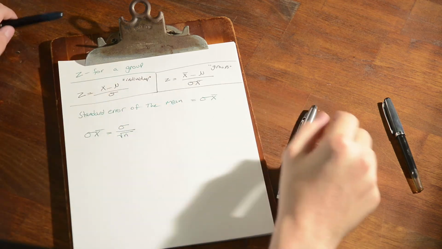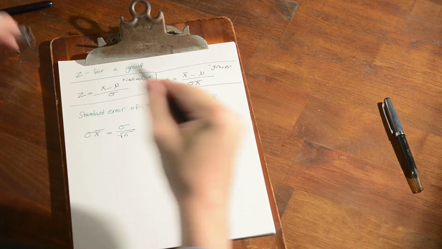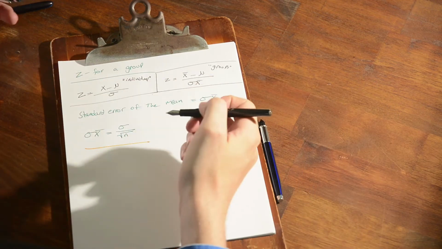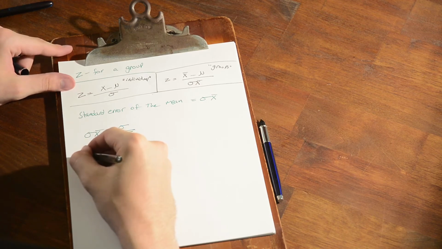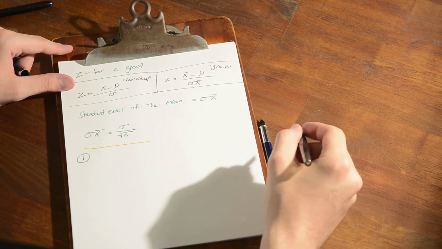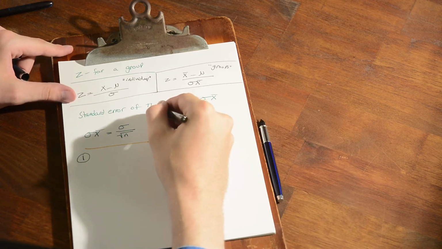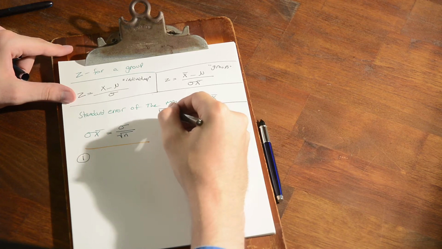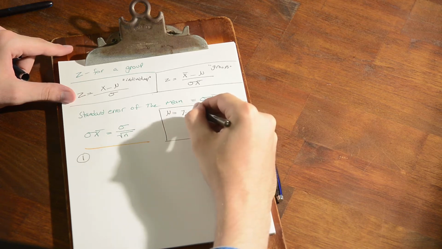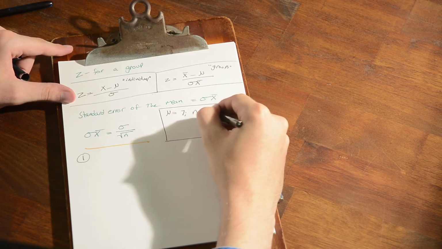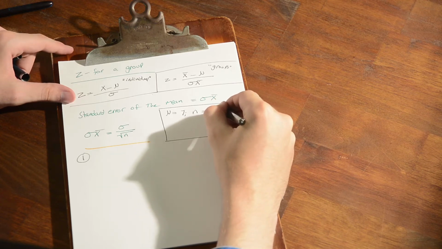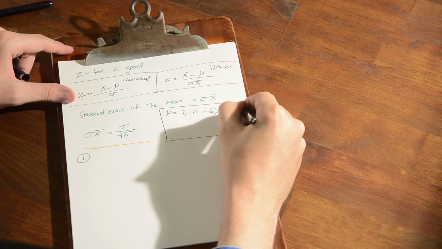So let's go ahead and calculate this out. We'll walk through the steps. First, we're going to have to pull in our numbers. When we were talking about this earlier, we calculated that mu was equal to 7, n was equal to 6, and standard deviation is equal to 3.7.